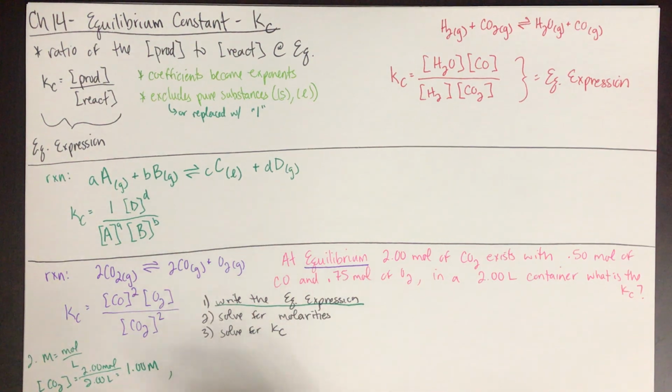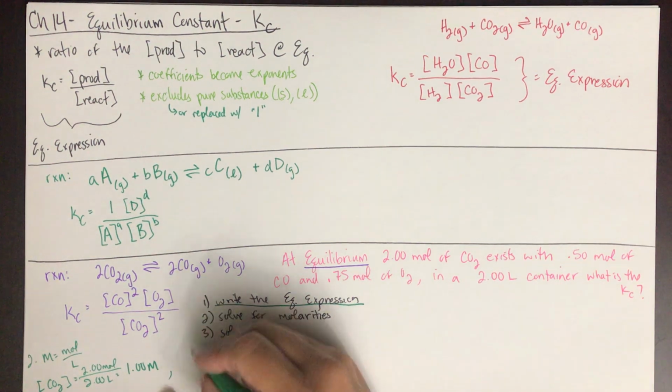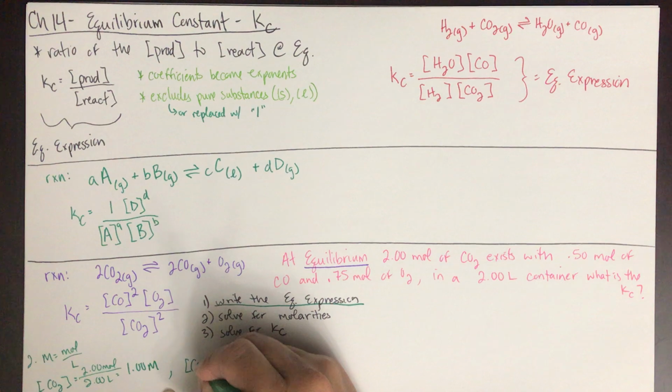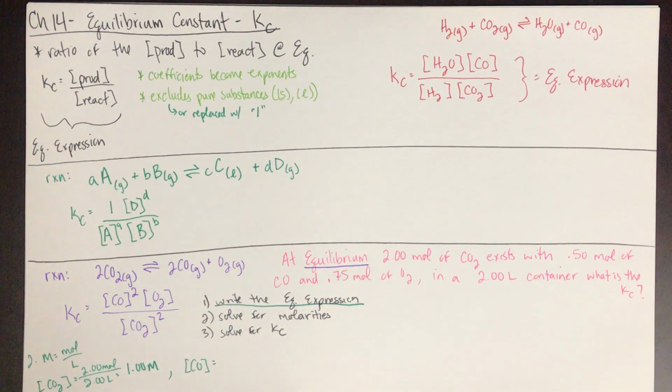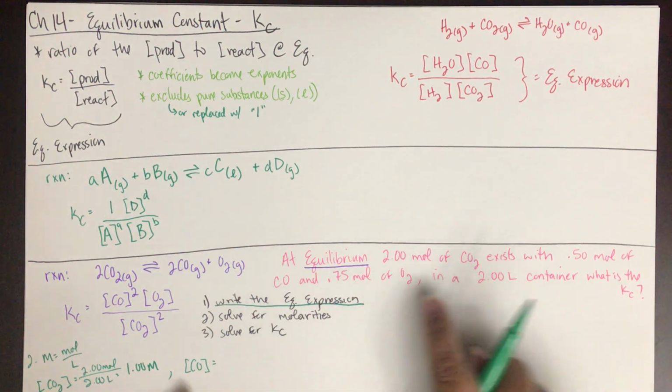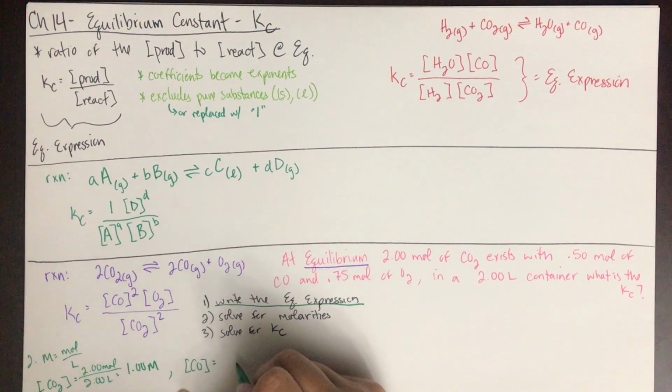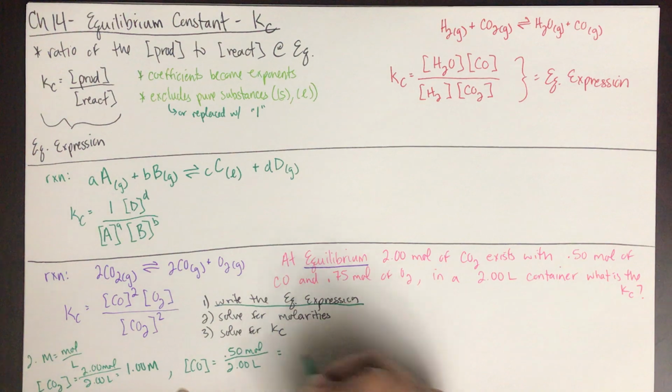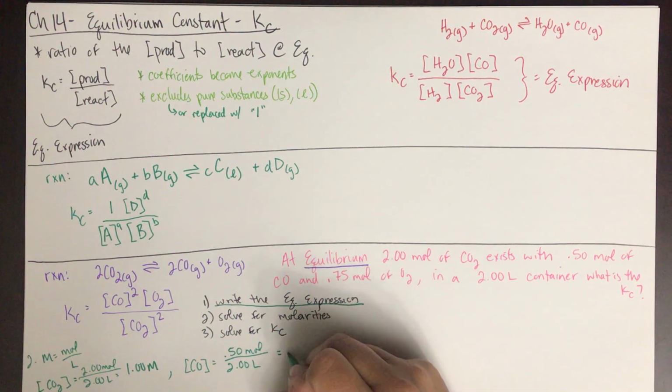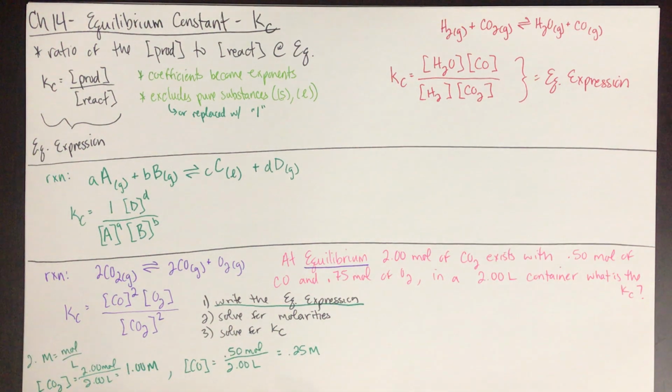So now let's do carbon monoxide. What is the molarity of carbon monoxide? We have 0.50 moles in a 2.00 liter container. So that means I have a molarity of 0.25 molar.